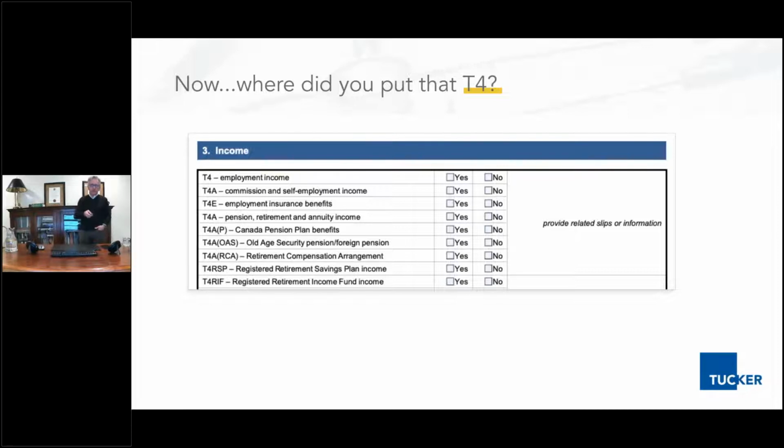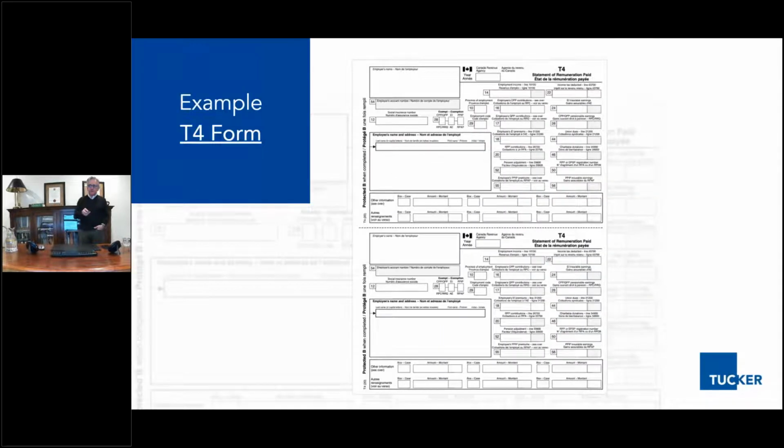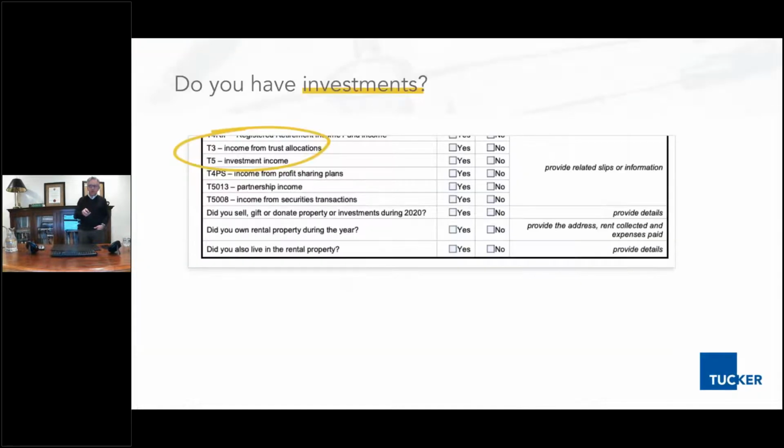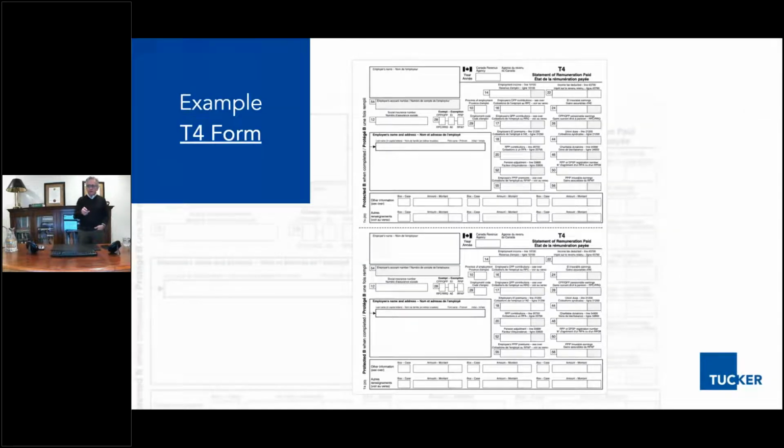The T4A was the form I talked about with respect to collecting CERB, or maybe if you're a healthcare professional, you're doing some locums or something like that, you may get a T4A form. Here's your T4, and the T4A form we looked at previously, that was the one the government was using to report CERB. There could be income tax, but typically there's no income tax withheld on the T4A, whereas on the T4, there is.